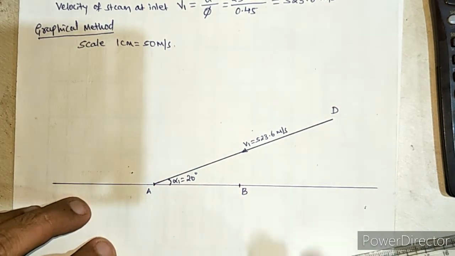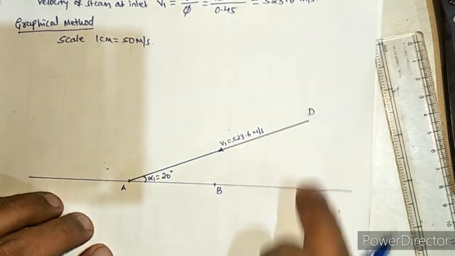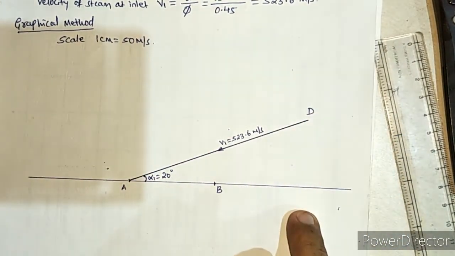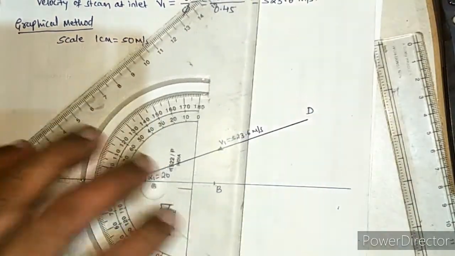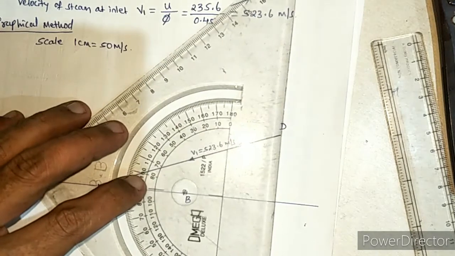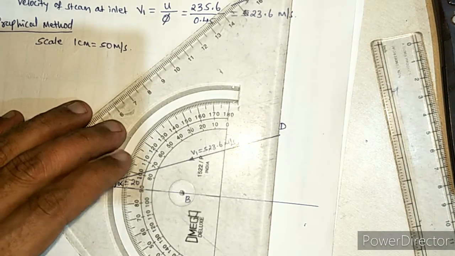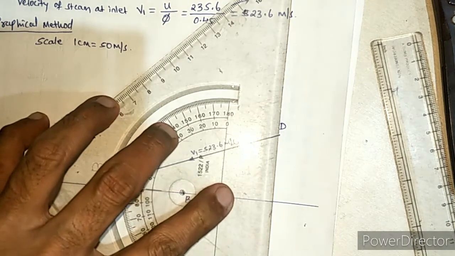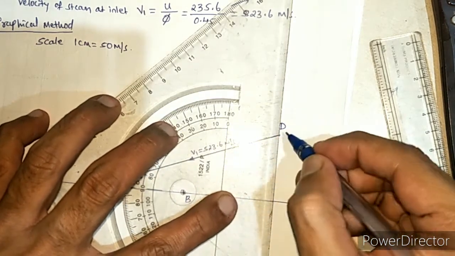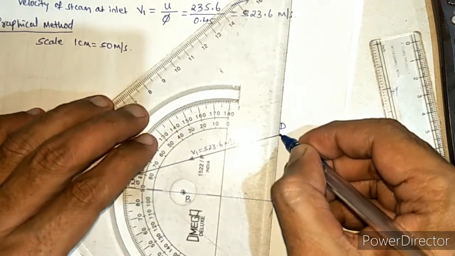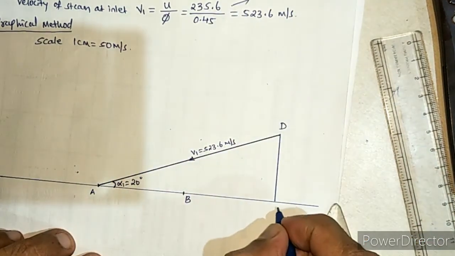So this is point B. Okay, so from point D I am going to draw a vertical line downward, right? So I am drawing the line vertically downward. So I am going to get the point C here.